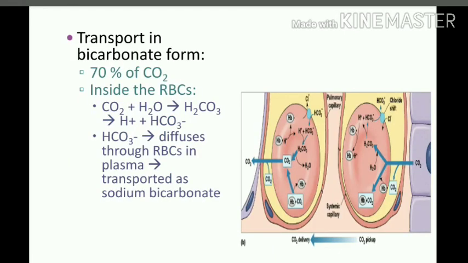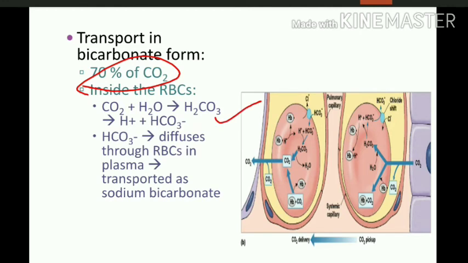The second form of transport is in the bicarbonate form, which is about 70%. 70% of carbon dioxide is transported in bicarbonate form. Mainly this reaction takes place inside the RBC because of, as we have discussed, the presence of the carbonic anhydrase enzyme. Now what happens inside the RBC? Carbon dioxide enters the RBC. You can see here that this carbon dioxide combines with H2O and forms carbonic acid.